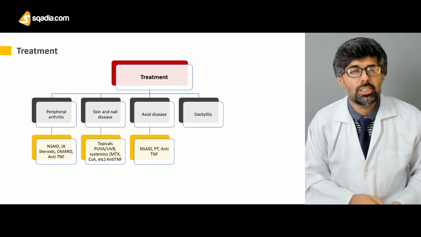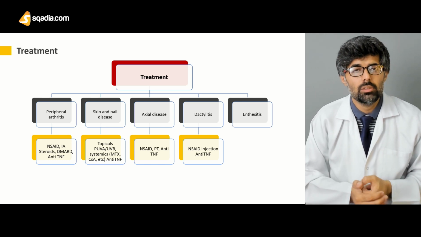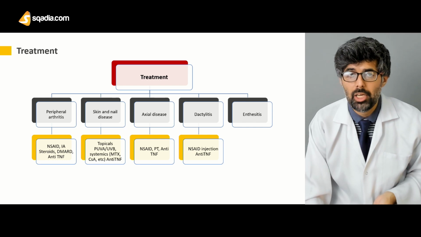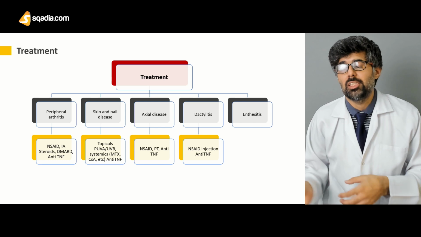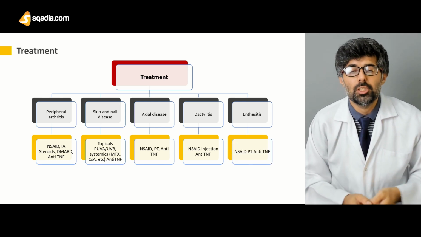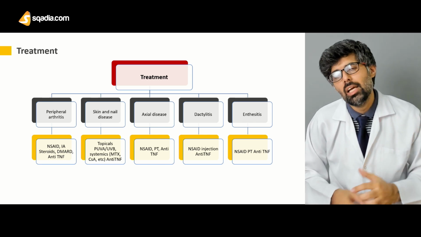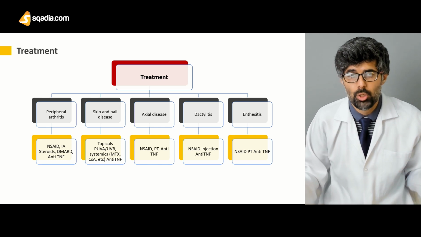Now, if the patient is suffering from dactylitis, then we give NSAIDs, injections, and again anti-tumor necrosis factor monoclonal antibodies. And if the patient has enthesitis, that is inflammation of the entheses, then we give the patients NSAIDs, physiotherapy, and the anti-tumor necrosis factor alpha monoclonal antibodies.